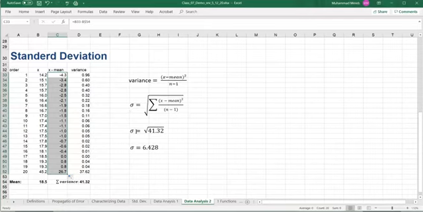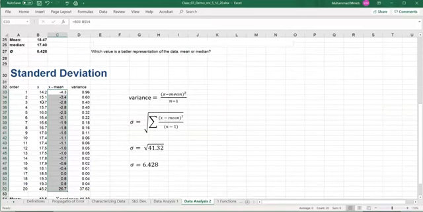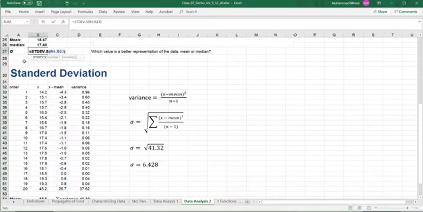This will give you the standard deviation, which is 6.428. And again, this is how we can do it manually, but instead of that lengthy way, we can just use the function, STDEV.